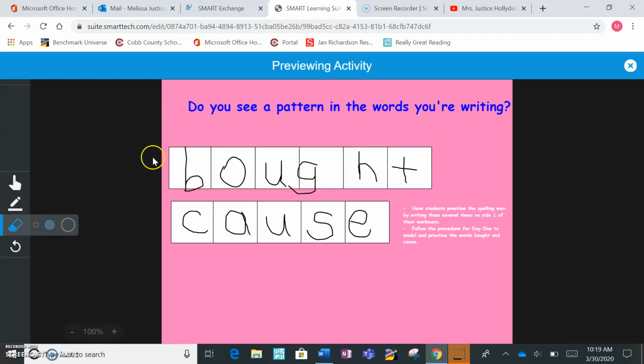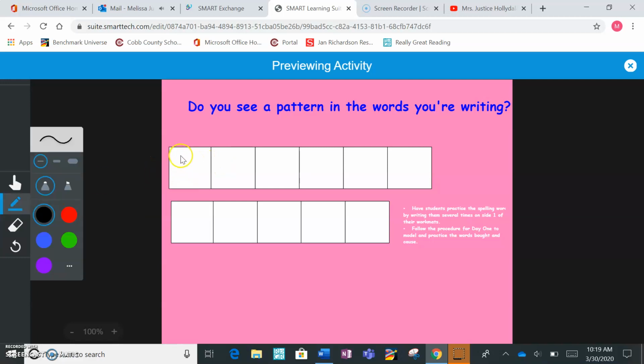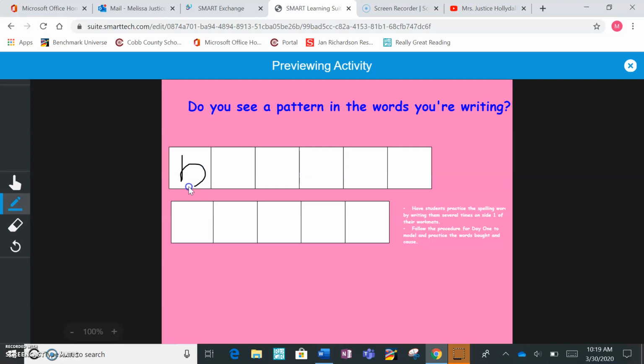And we are going to do some writing. I thought I already erased this, boys and girls, but let's do the first word. The first word is bought. Well, wait a minute. We just read thought. So B is what letter? That would be a B. And then we have that ought.